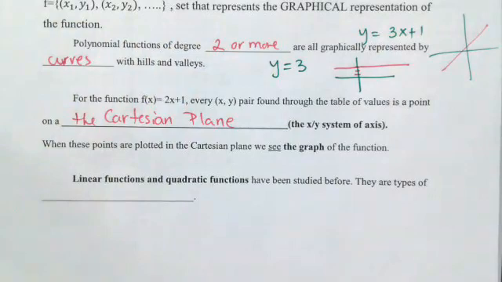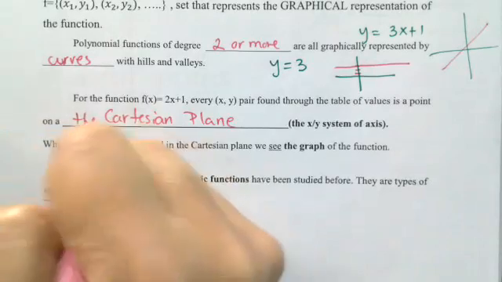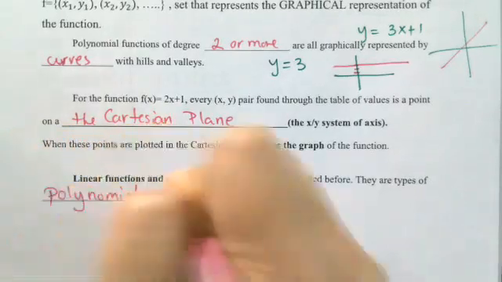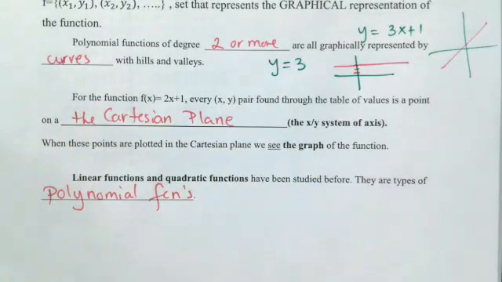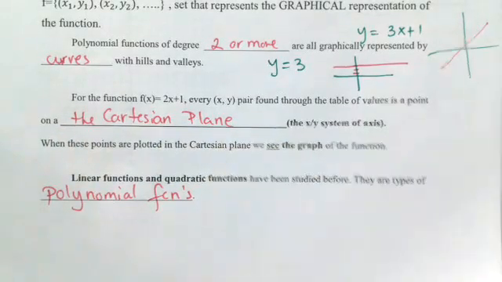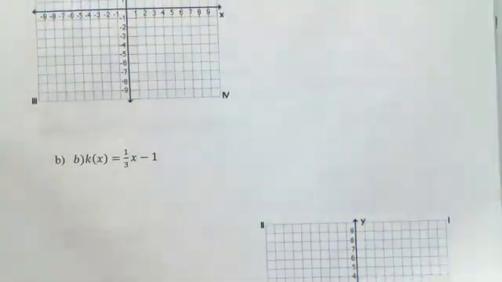Linear functions and quadratic functions you have done before. These are types of polynomial functions. On the next page, we will review Cartesian plane plotting of points by graphing some of these functions.